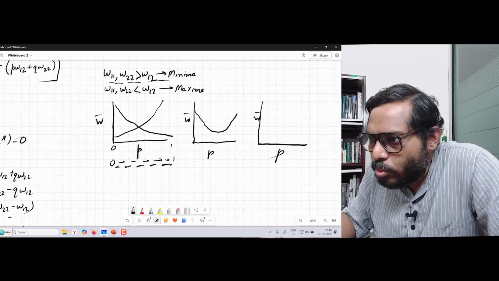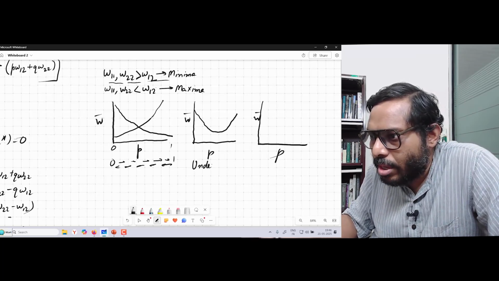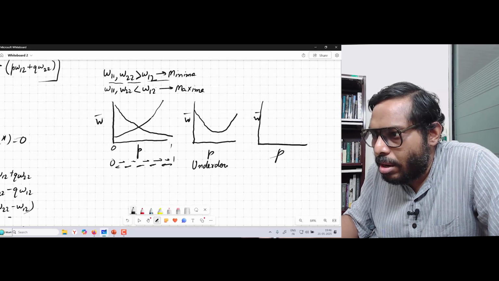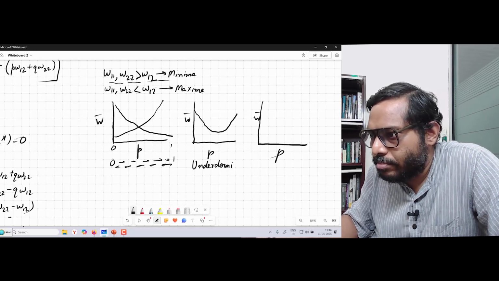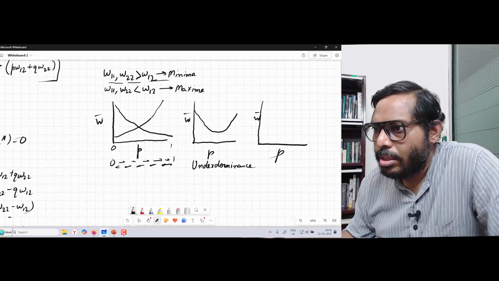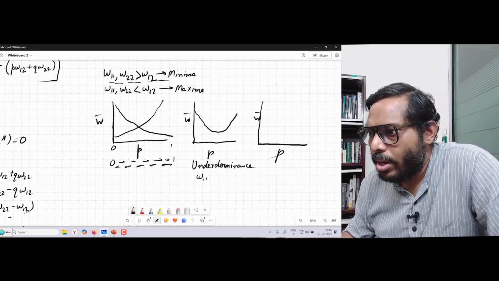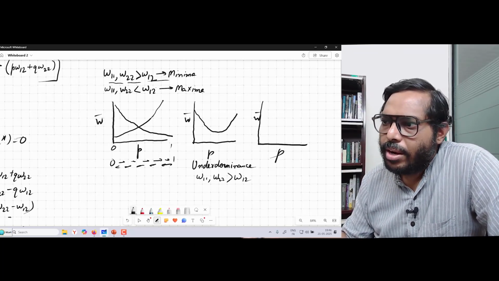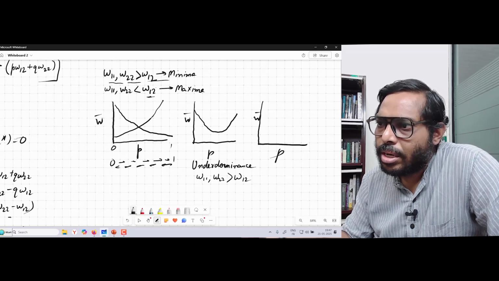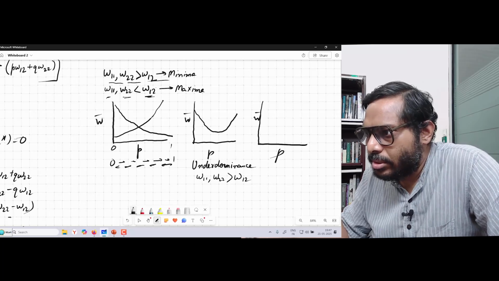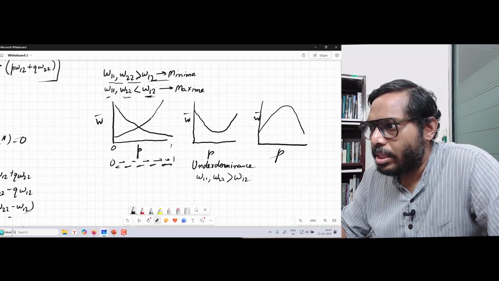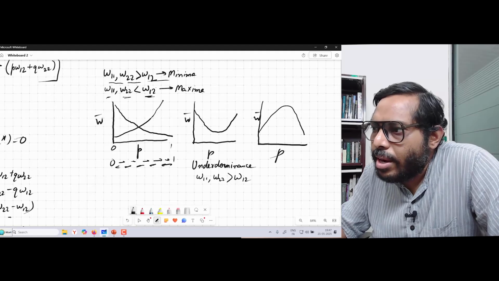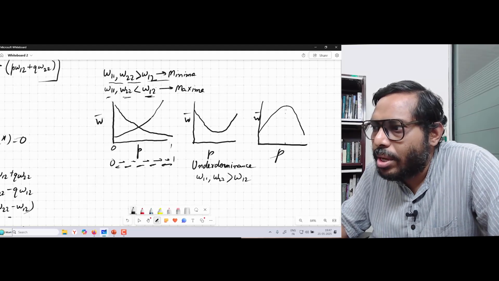This is what is known as underdominance, okay. And this situation where the heterozygous has the maximum fitness compared to the 2 homozygous conditions, this is the case where you will get something like this, okay, where you are going to get a maxima somewhere in the middle.